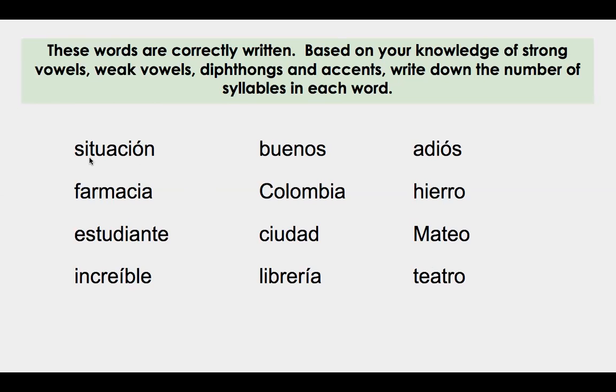So here we have situation, situation. That's three syllables. So that's how to figure out how many syllables are in the word. So pause the recording and try this with the other words, and then we'll go over them.